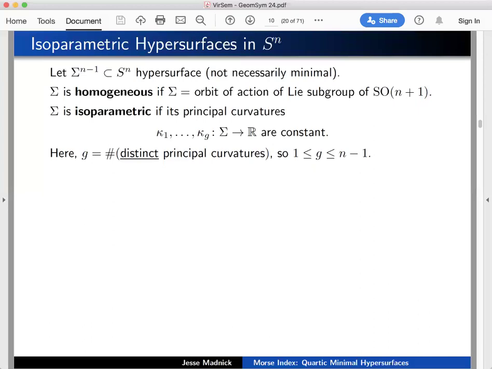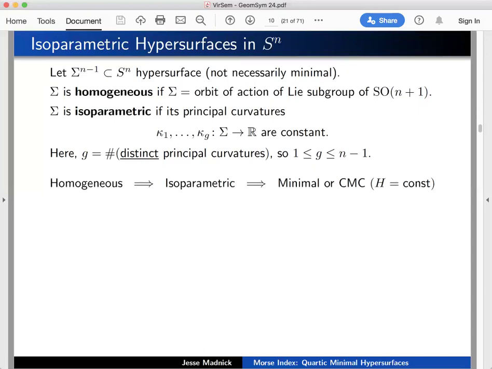A homogeneous hypersurface is the orbit of an action of a Lie subgroup. And we'll say sigma is isoparametric if all of its principal curvatures are constant. Here I'm using g to denote the number of distinct principal curvatures, so g is some integer between 1 and n minus 1. Remember that the principal curvatures don't have to be distinct.